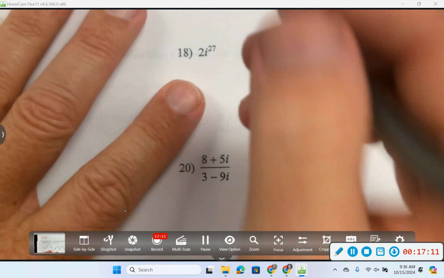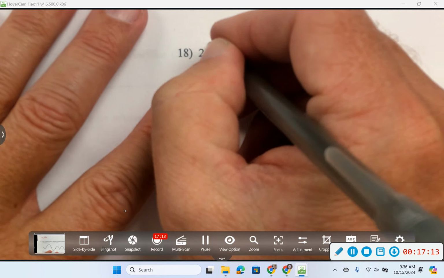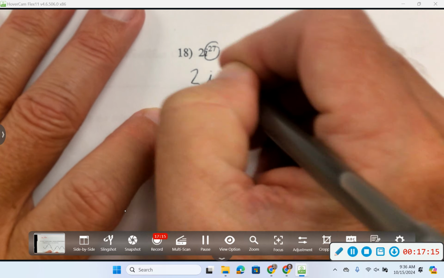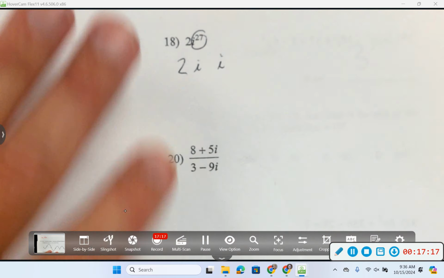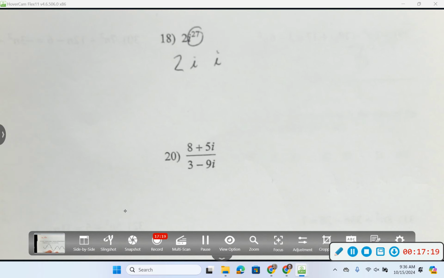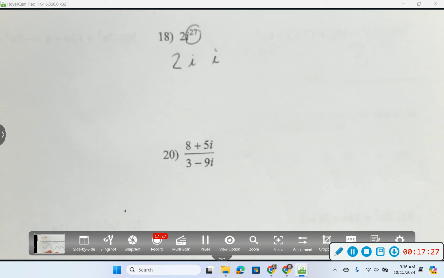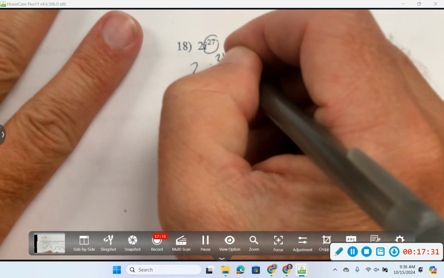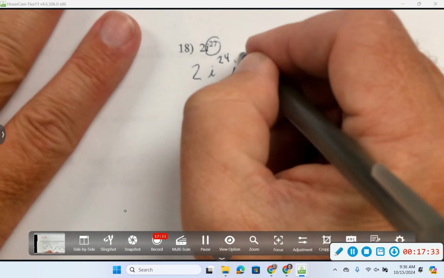18. Ooh, one of those weird i problems. i to the 27th. So I would like a multiple of 4 that's a little less than 27. So what's a multiple of 4 short of 27? 24. And then how many does that leave? 3.